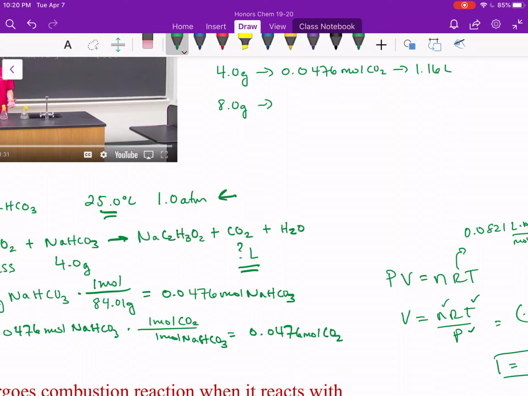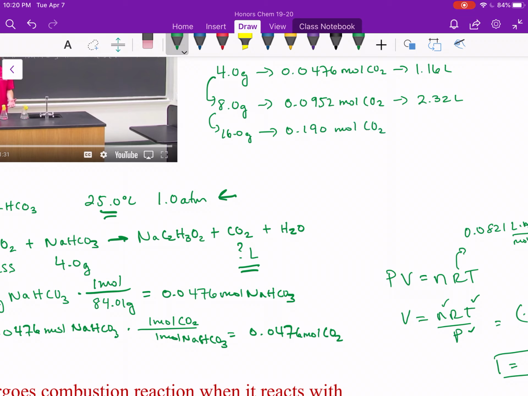That should make sense because we doubled the mass, which means that we double the moles, right? And if the temperature and pressure stay the same, then according to Avogadro's law, we should double the volume. And again, we doubled here, 16.0 grams, and we have 0.190 moles of CO2 there.